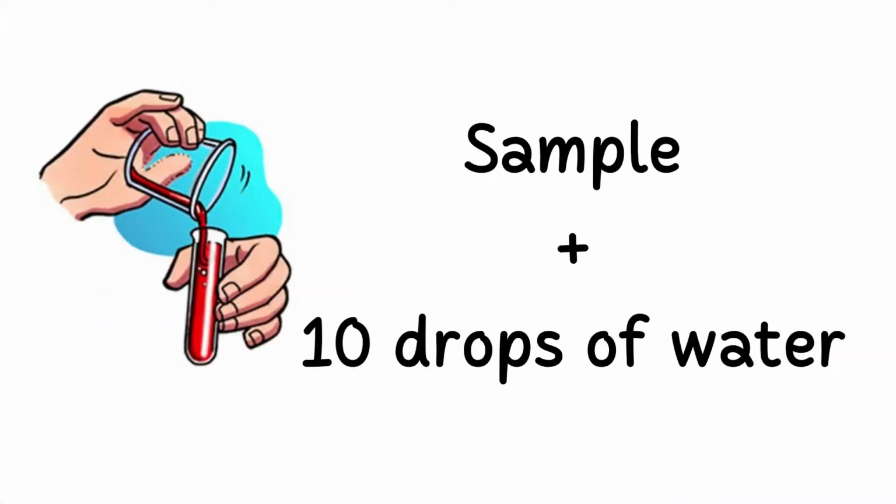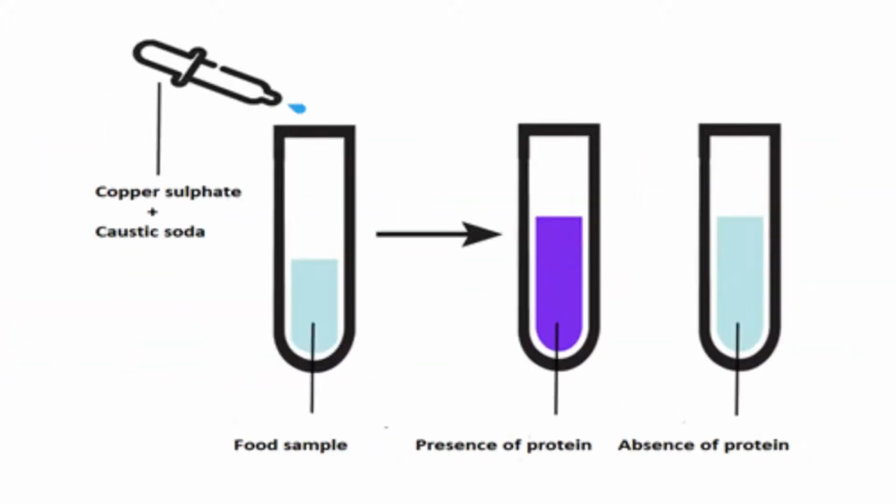Put some of this in a clean test tube. Add 10 drops of water to it and shake the test tube. Now, using a dropper, add 2 drops of solution of copper sulfate and 10 drops of solution of caustic soda to it.